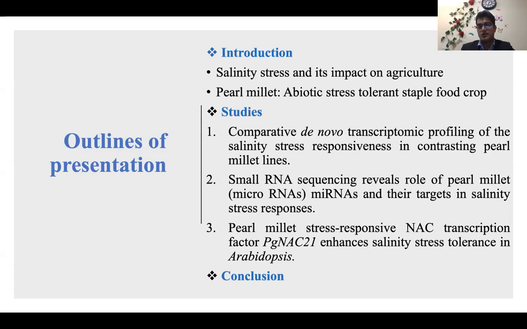This gene we discovered in our first study, that is the transcriptome analysis, and then we carried out the functional analysis of this gene in Arabidopsis, and this gene proved to be a salinity stress tolerant gene. And then finally, I will conclude my talk.